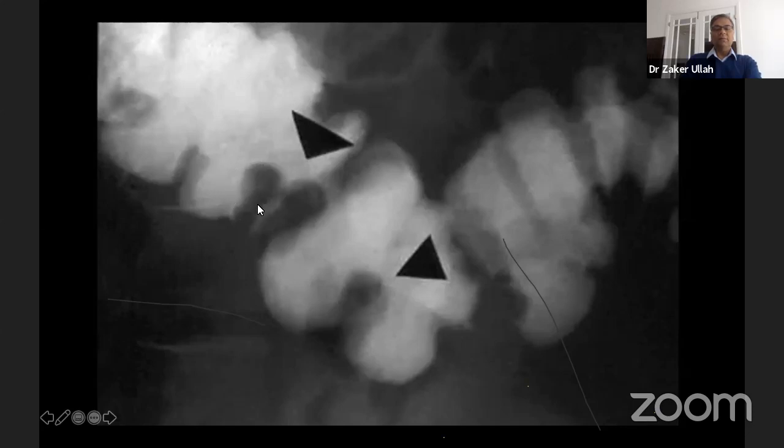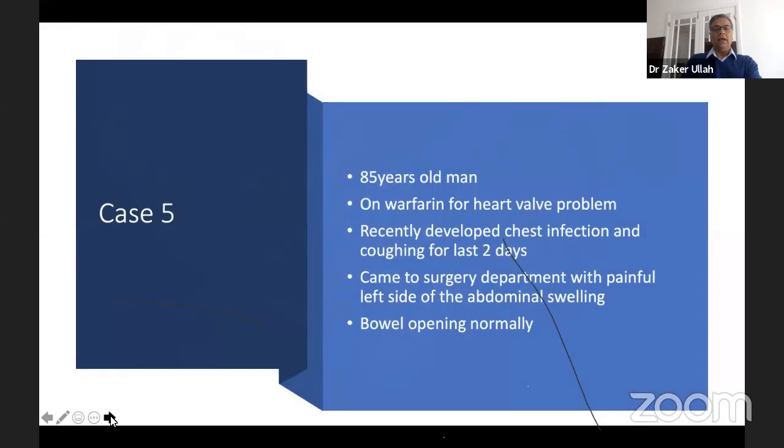Then gas goes into the submucosal areas and gives the impression of thumb imprinting. The first thing that dies is the mucosal lining, then the muscular layer, then the peritoneal layer, and then perforation. But before perforation, you can get this kind of thumb imprinting. That's absolutely fine. Good.